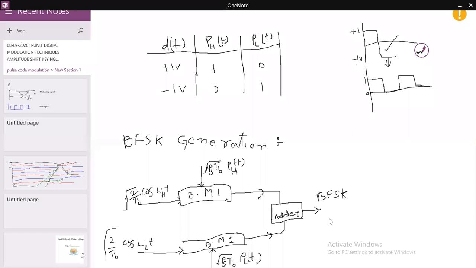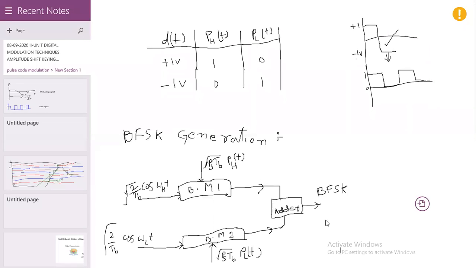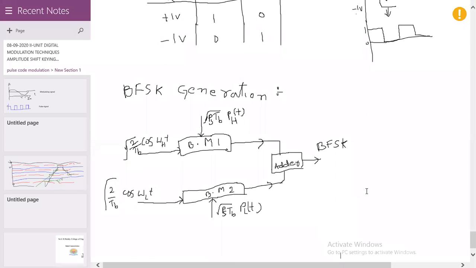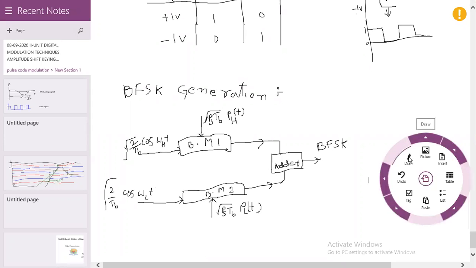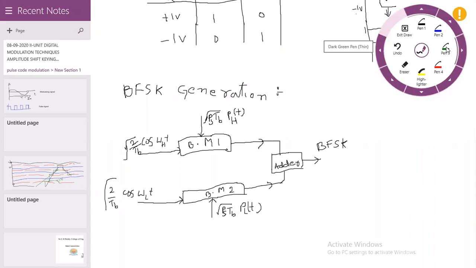So this is the block diagram to generate the FSK signal. This is very, very important. Here we can understand the operation of this BFSK generation, the BFSK transmitter block diagram.